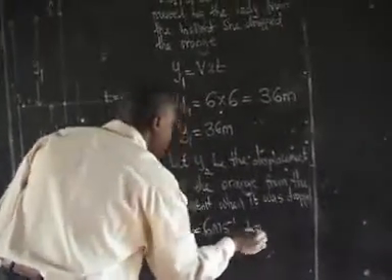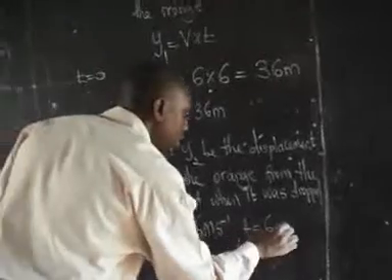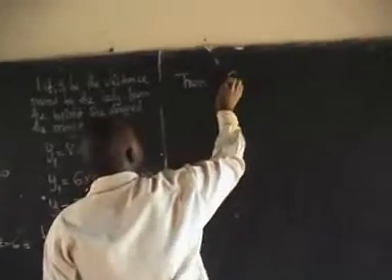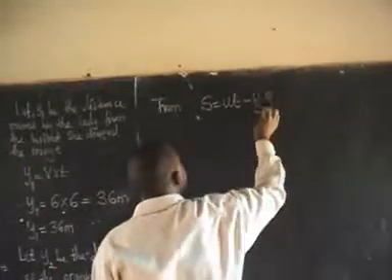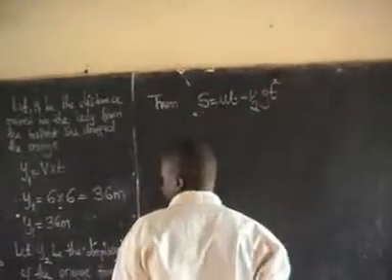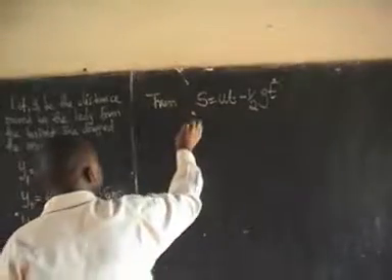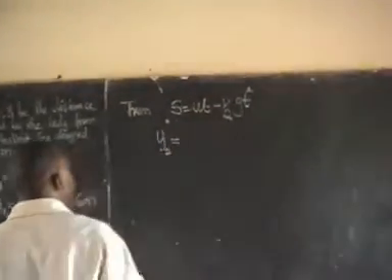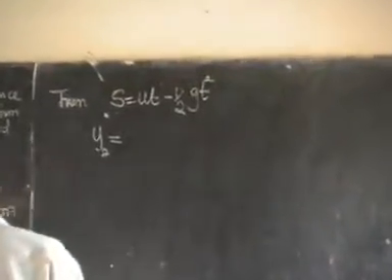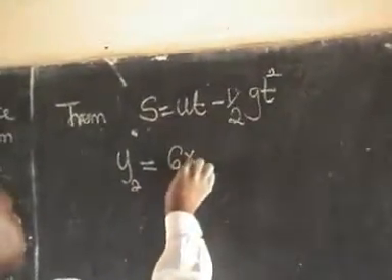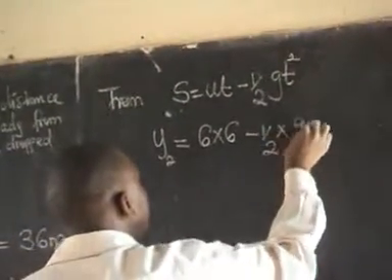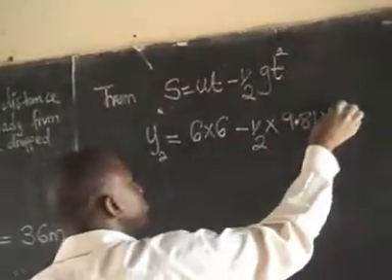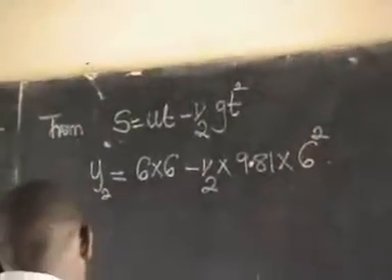Now even t, they have given t as 60 seconds. So from s is equal to ut minus a half gt squared, my y2 is equal to 60 times 60 minus a half times 9.81 times 60 squared.